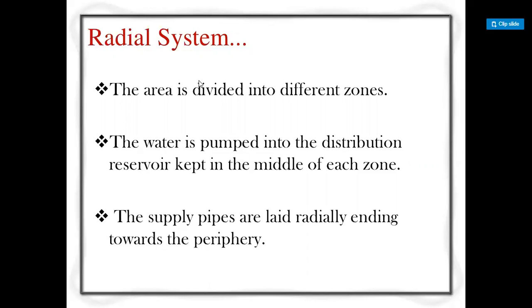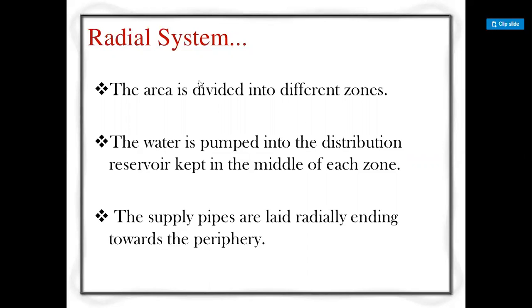One city has different zones, or consider one big circle as one city. Then in that big circle, small circles are placed, meaning different zones, and consider one reservoir is kept in the middle of each zone, that is, in every small circle, at the middle of that small circle, one reservoir is placed.